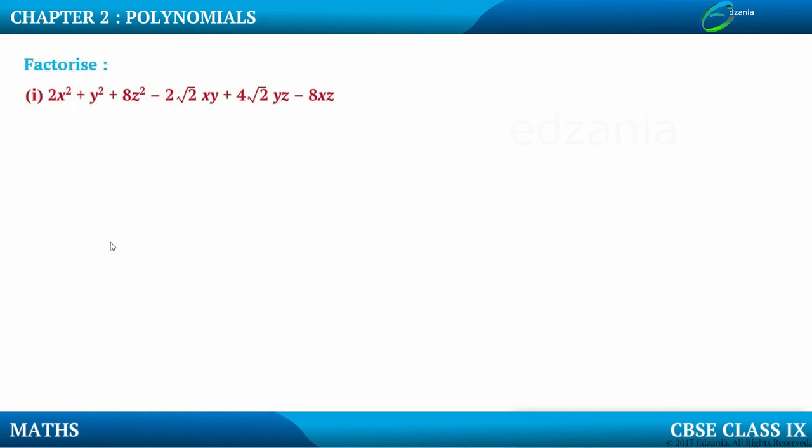Now this factorization is in the reverse way. The expanded form is given and we are supposed to factorize. Let us see how. First of all, if you observe properly, this entire expression is of the form a square plus b square plus c square plus 2ab plus 2bc plus 2ca.